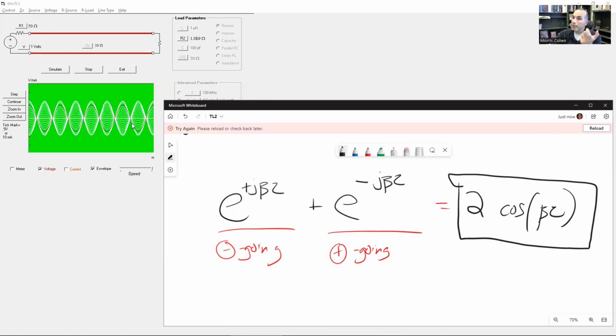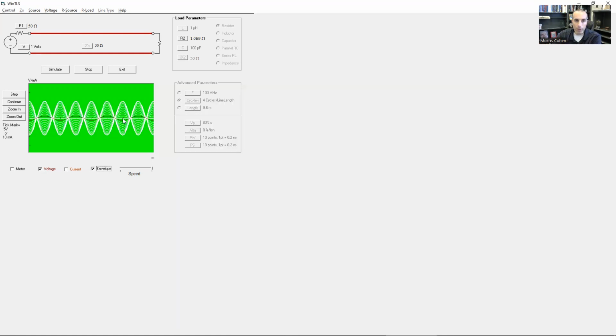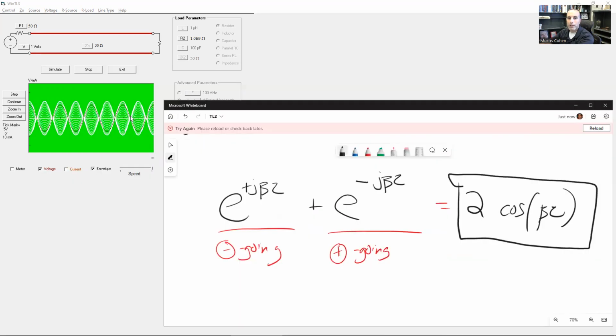There could be a negative sign on that phase, depending on whether you're standing at this point versus that point. They are opposite of each other, but it's only a 0 or 180 degree phase shift that's there. But the intensity, the amplitude of the signal that you're seeing, is varying as a function of distance, and it follows a cosine function.